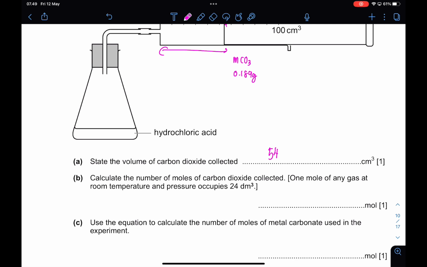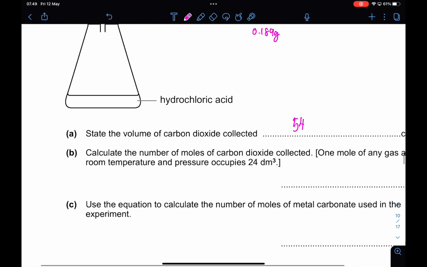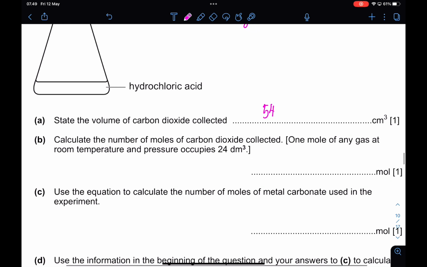54 cm cube. Now calculate the number of moles of carbon dioxide collected. Here they want the number of moles, and then they say 1 mole of any gas occupies this, so it means that they want you to use this instead.